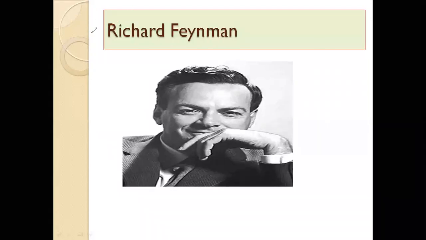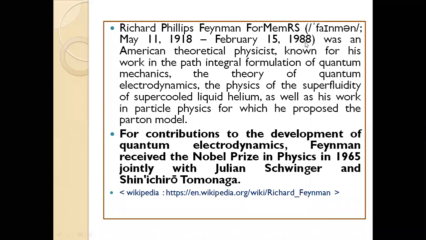The full name is Richard Phillips Feynman, and he was an American theoretical physicist known for his work in the path integral formulation of quantum mechanics, the theory of quantum electrodynamics, the physics of the superfluidity of supercooled liquid helium, as well as his work in particle physics for which he proposed the parton model.